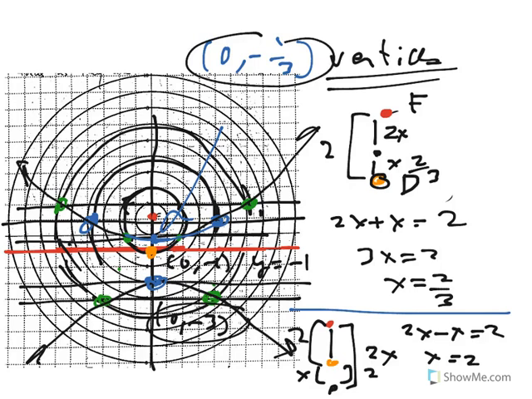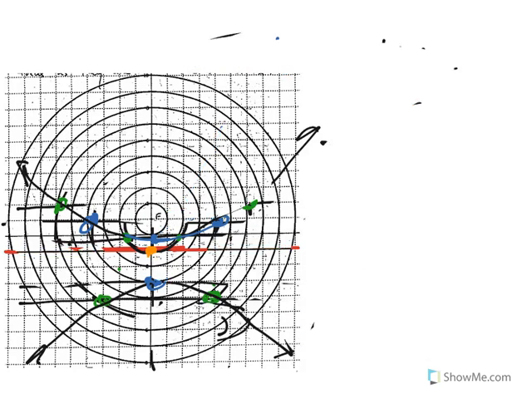A final thing I can do is find the equation of this hyperbola. It actually doesn't take long. You pick a random point and call it xy, and then use the fact that this distance has to equal, in this case, double this distance.